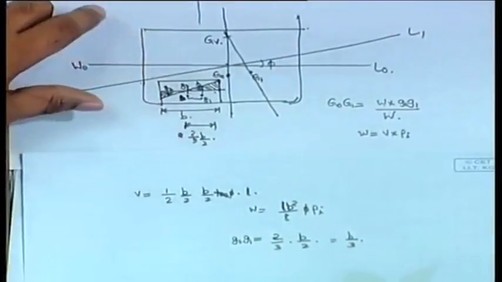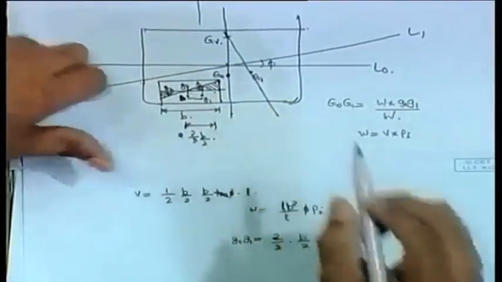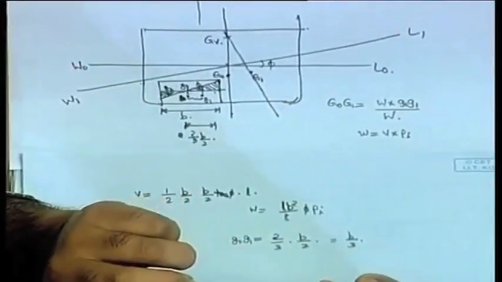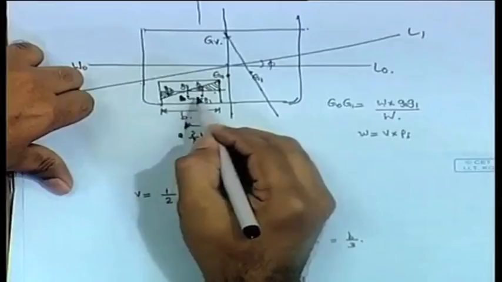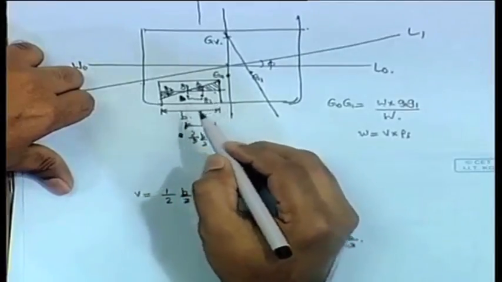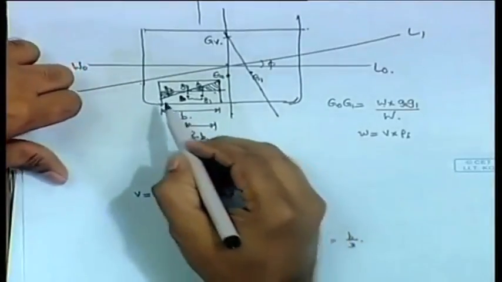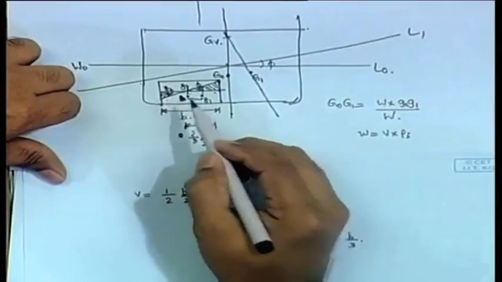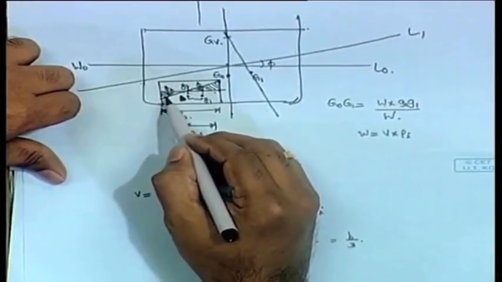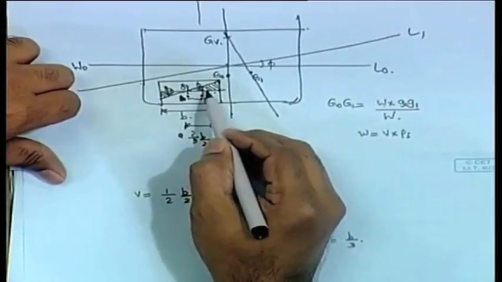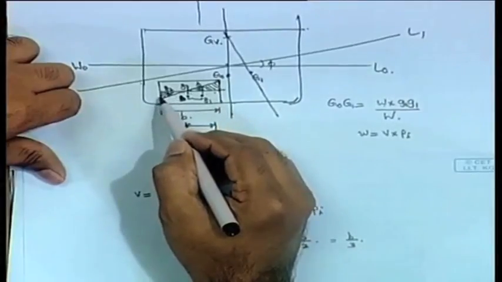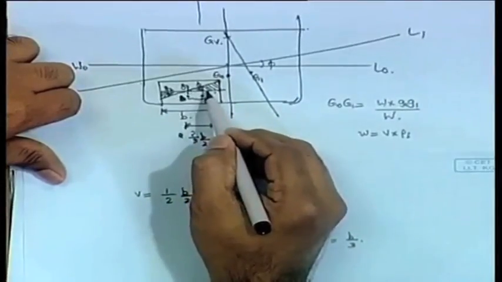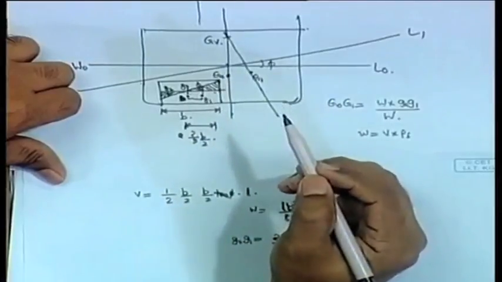Initially the system is at G0, because the fluid is at G0, the center of gravity is at 0. Now, because of this shift, actually a small weight has been lost here and a small weight has been gained here. The weight lost is at a distance minus G1 to the left, the weight gained is at a distance G1 to the right. Is that clear, or should I repeat that?